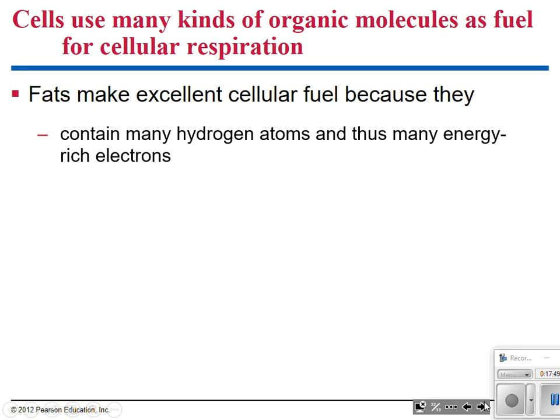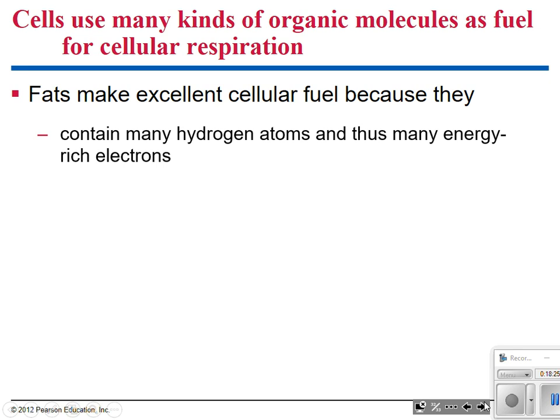Oxidative phosphorylation, which had in it the ETC, the electron transport chain.